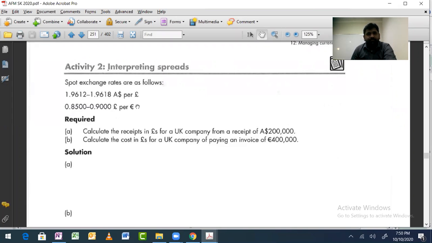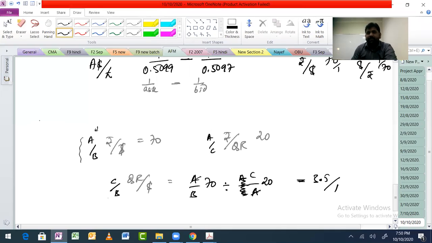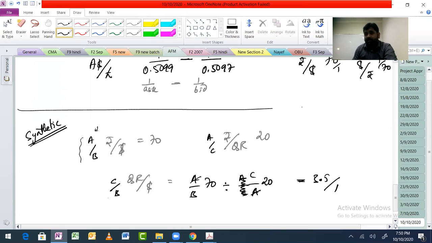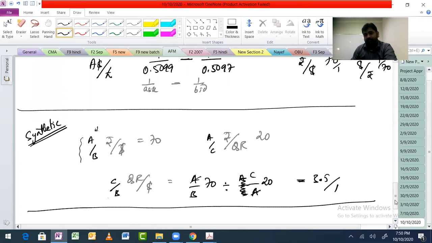It has to be converted once with this one, once with the other one. That is simple. I think this synthetic rate they will give you in some other segment, but this is there in your book. When the direct quote is not given, how can you derive the quote?